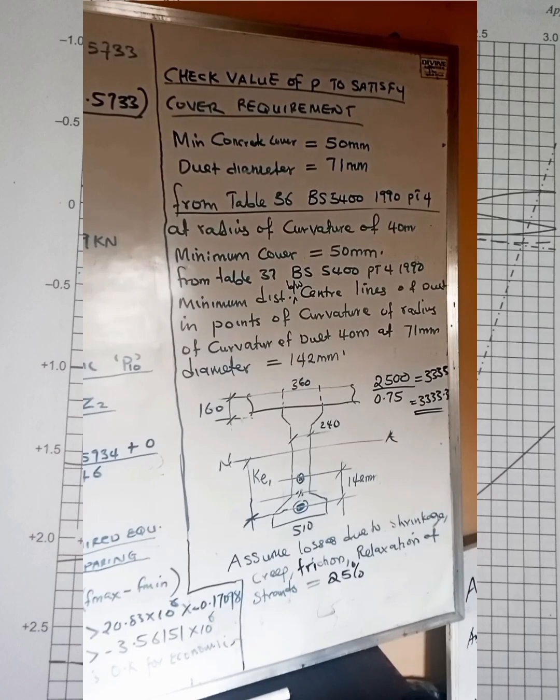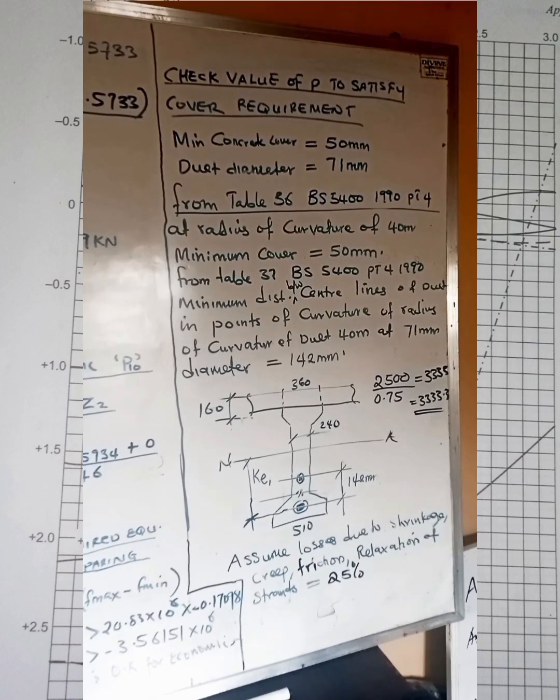So if we do that, we're going to have the new force to be 2,500 divided by 0.75. And if we do that, we're going to have 3,333.3 kilonewton as the new force. So if you lose 25% of that particular force, you will have it back to be 2,500 kilonewton. All right.